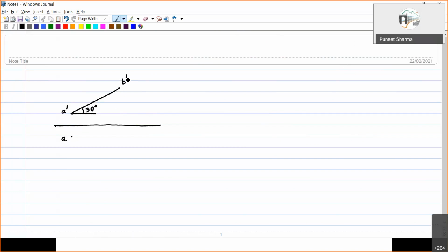Then to obtain the top view, draw a projector from here, and we have the condition that the top view will now be parallel to the XY line. That is what we have seen in the previous slide. Using that, we can locate B. So like this, you will have the front view and top view.